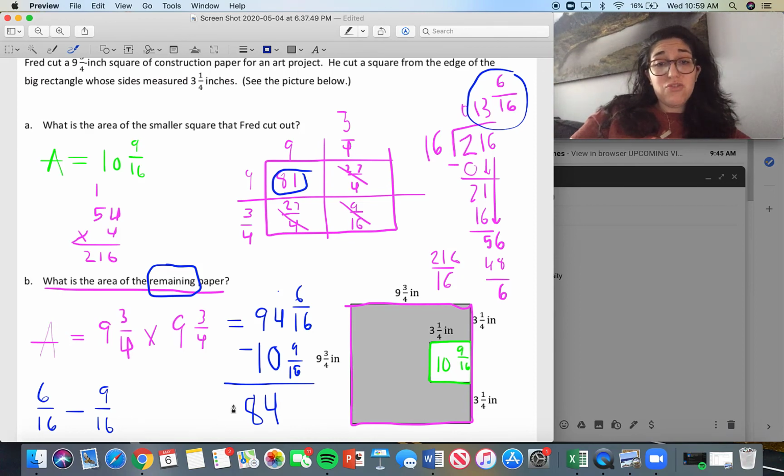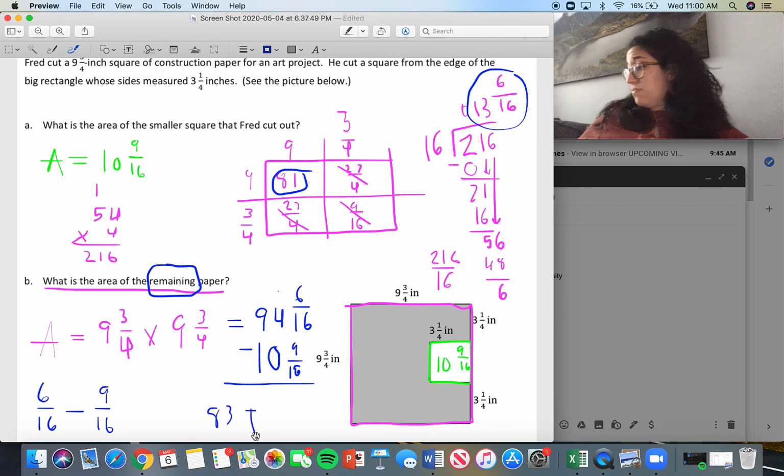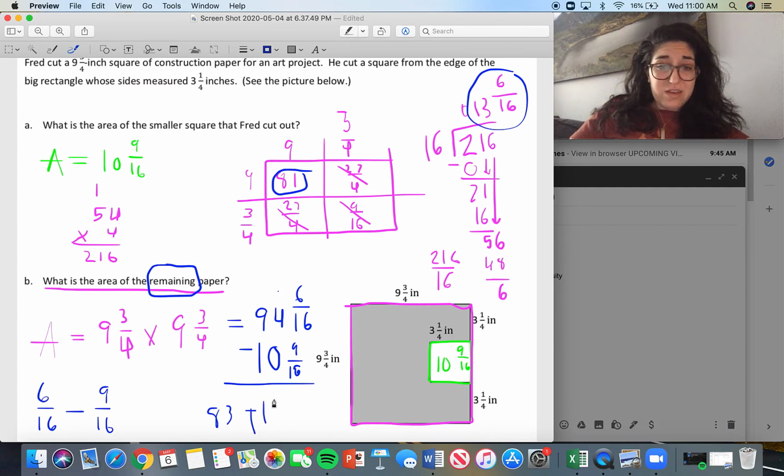So what I need to do is take this 84, and turn it into 83 plus 16/16. Now the reason that I'm going to do that is that's still 84, right? Because 16/16 is the same as one whole.